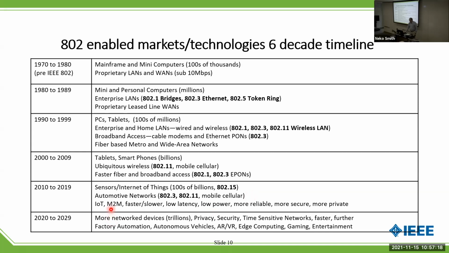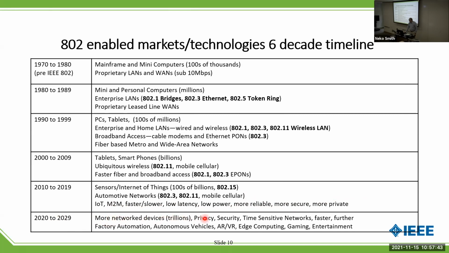And with IoT and machine to machine, we needed more bandwidth, we needed less bandwidth. Latency was an issue, power is an issue. We've got to increase the reliability. Of course, security and privacy became major drivers in those markets. And now in the decade we're in now, we've got an incredible number of network devices, trillions.